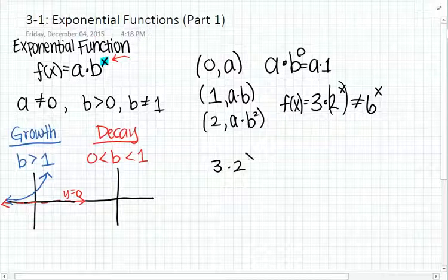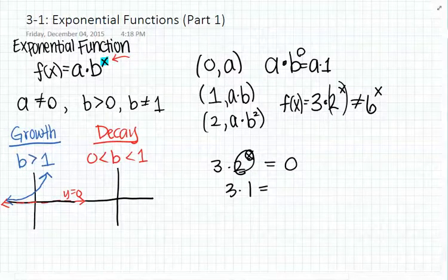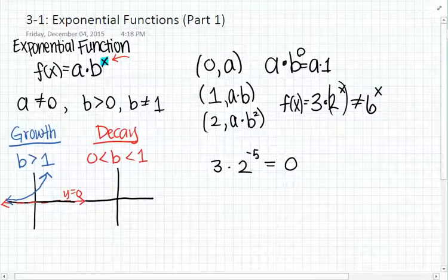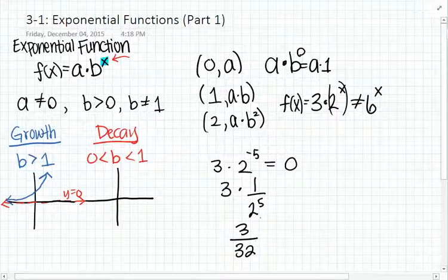Is there something that would make this 0? If I plug in 0, I get a 1, and that doesn't work. If I try plugging in negative values, such as -5, I get 3 times 1 over 2 to the 5th power, or 3 over 32, which is getting to be a very small number. That's not 0, but it's getting tiny.